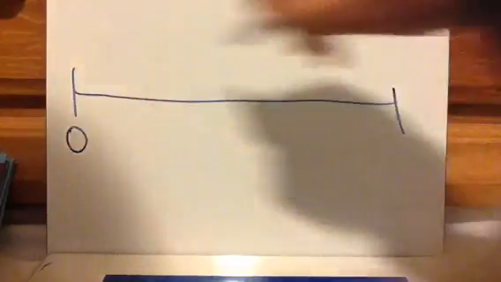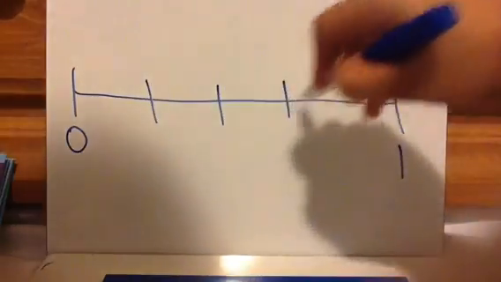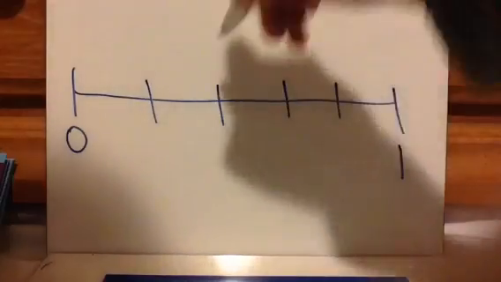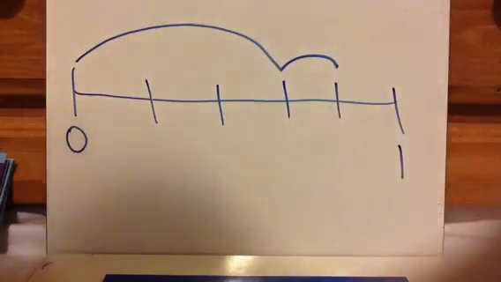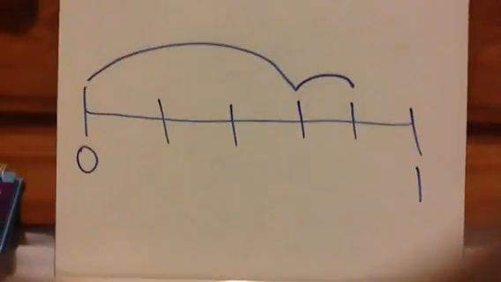I'm going to show you what this would look like on a number line, because on number lines you might see that too. So obviously this is less than one whole, so here's 0 and here's one whole, and then here's my fifths. So if I have 3/5 added with 1/5, that's what it looks like. In fact, this is exactly what that is.